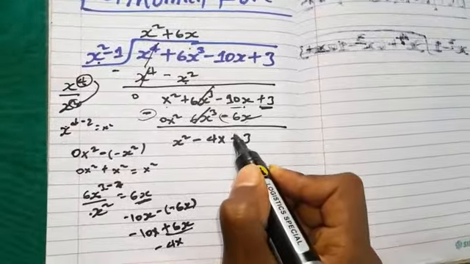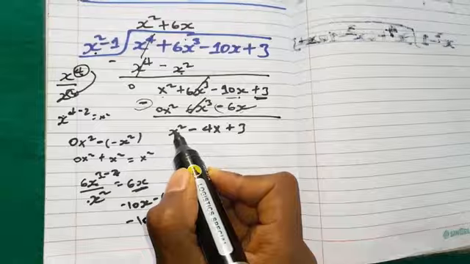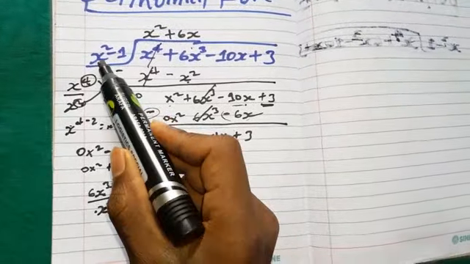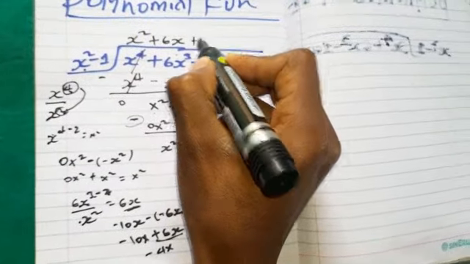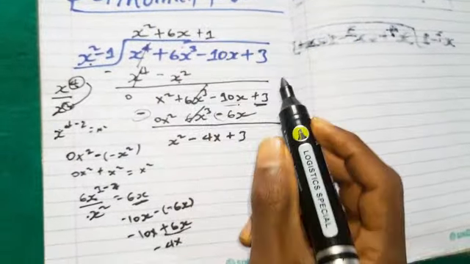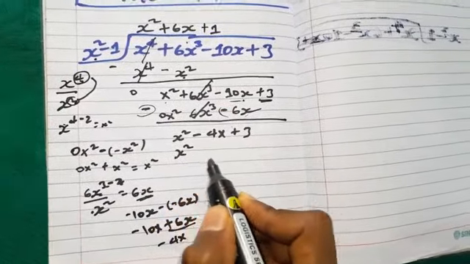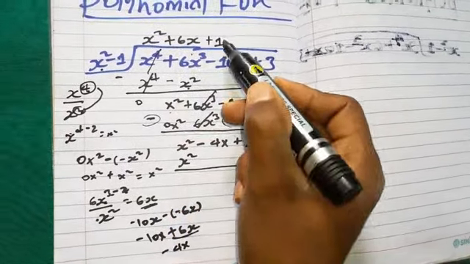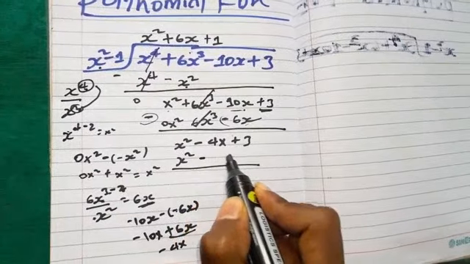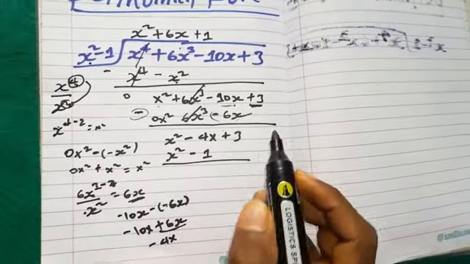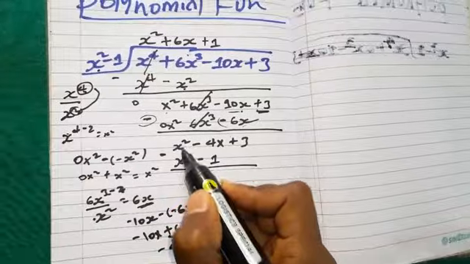Then x squared divided by x squared means 1. Do you get it? 1 times x squared means x squared. 1 times minus 1 means minus 1. Then this x squared has a minus, so x squared minus x squared means 0.